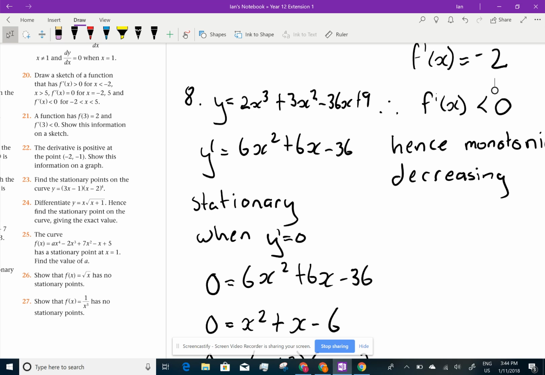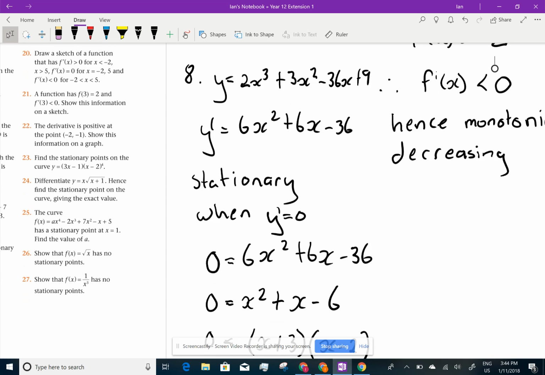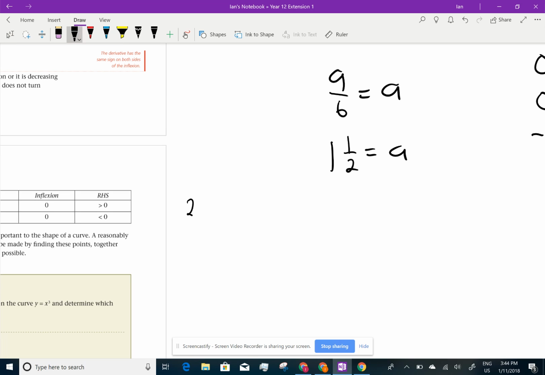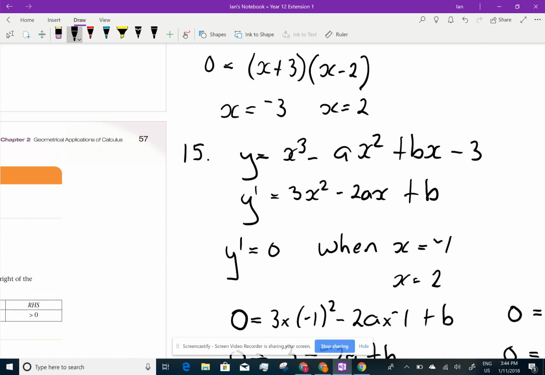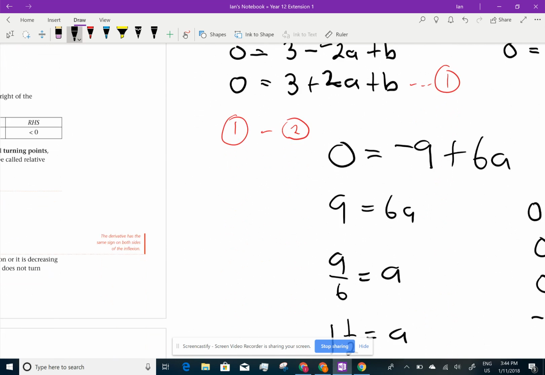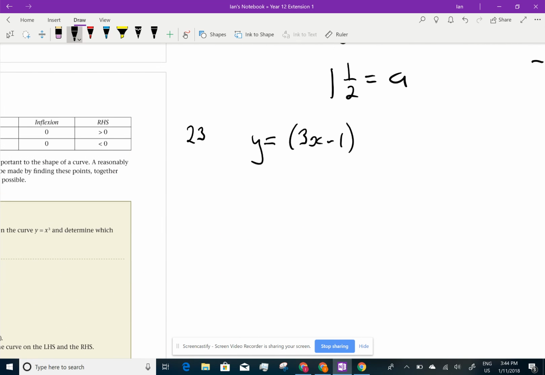y equals 3x minus 1 and x minus 2 to the power of 4. So question 23. y equals 3x minus 1. What was it? And x minus 2 to the 4.